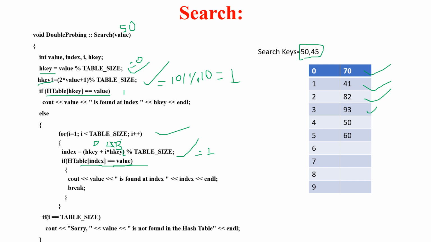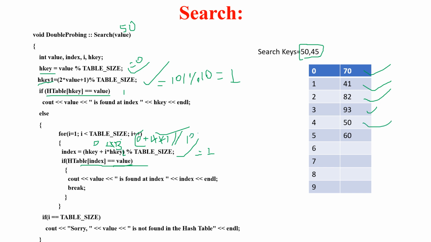Then what will you do? The i is incremented by 1, that becomes 4. So 0 plus 4 into 1 and modulus table size. If you do, you will get 4.